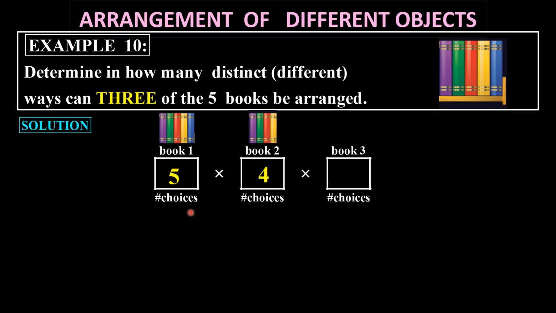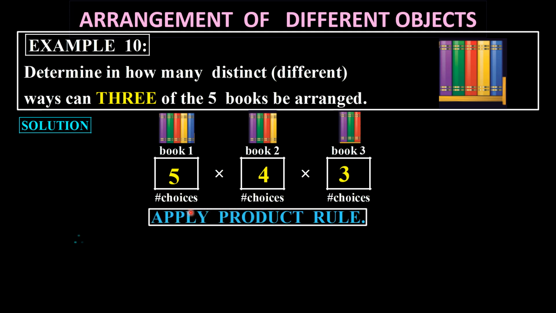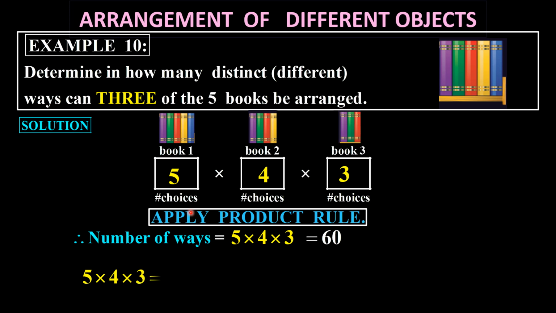For the second space, we can put any of the remaining 4. And then for the third one, we can put any of the remaining, 1 less than 4, which is 3. So we can apply the product rule. The number of arrangements would be 5 times 4 times 3, very easy, that is equal to 60.